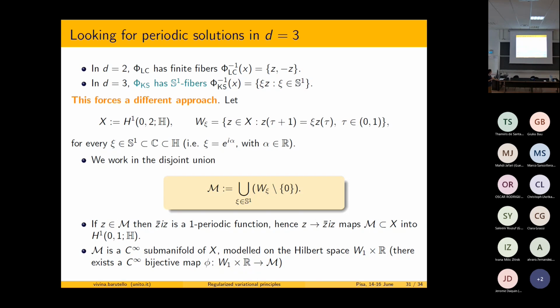It is a little bit more complicated, but you can prove that it is an infinite-dimensional manifold of the Hilbert space H1, and that it is modeled on W1 times R. That means that there exists a bijective map with this set.